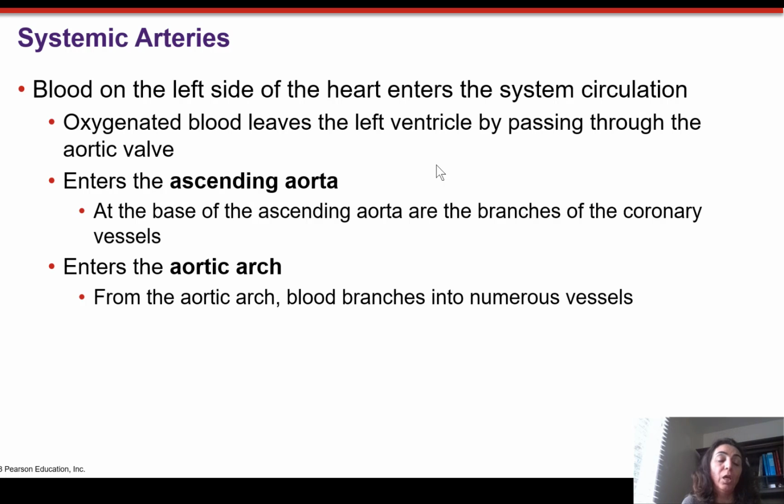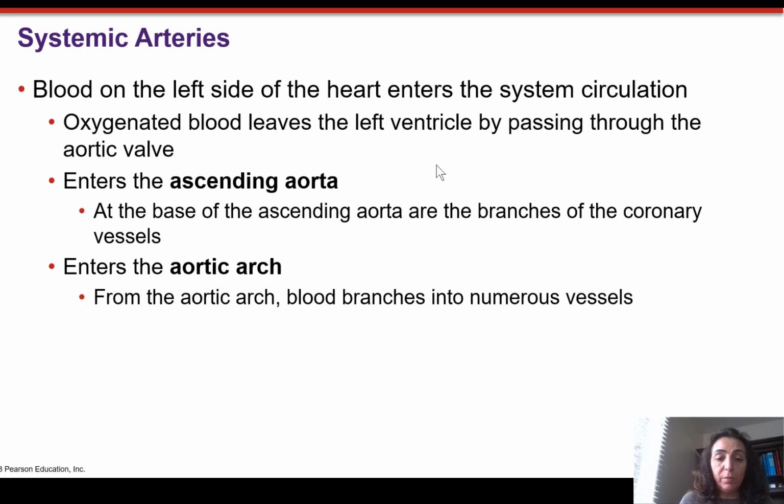At the end of chapter 21, we had a good picture showing the right coronary artery and left coronary artery, just right after the aortic valve where the ascending aorta starts at the very beginning. Then after the ascending aorta, it goes to the aortic arch.